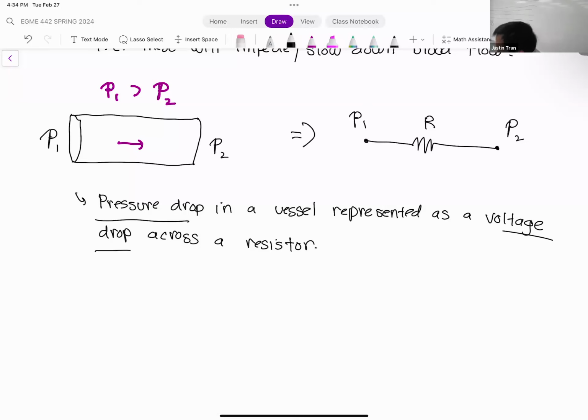The other analogy to make here is that volumetric flow rate in a fluid mechanics situation is the same as electric current in this circuit.